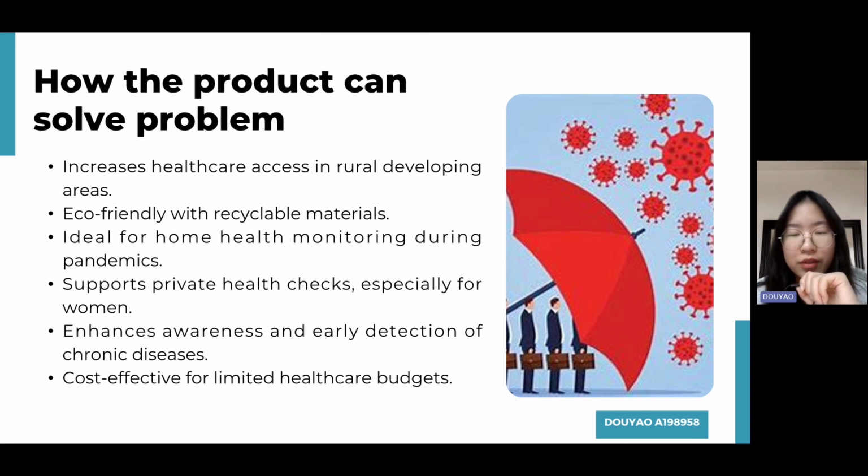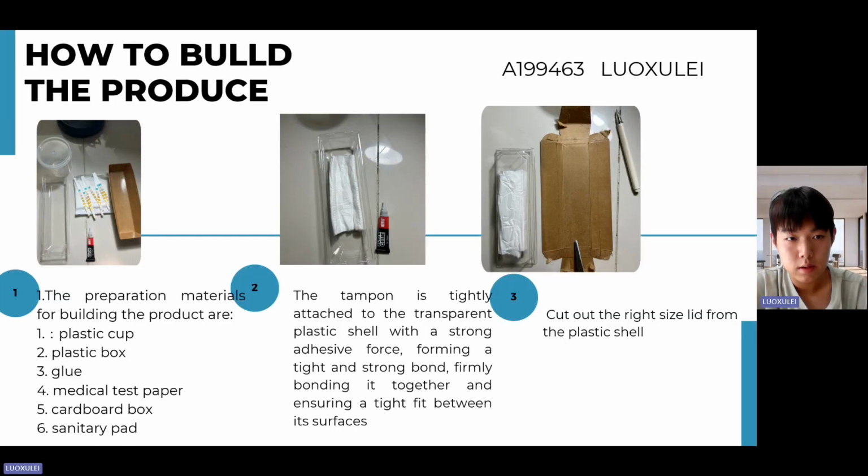At the same time, it also raises global health awareness and helps people better understand their health status, especially for the early symptoms of chronic diseases, such as diabetes or kidney disease. Finally, due to its cost effectiveness, the kit can be widely used within limited public health budgets, reducing the dependence of low-income countries on expensive healthcare systems.